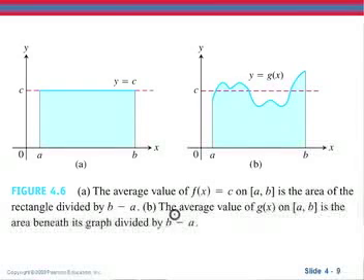It would be fairly easy to find the area for a rectangle. If you look at the graph of g of x, graph B there, it's not quite as easy to find. But if we want the average value on a graph, then we take the area of the graph and we divide it by the width of our graph.